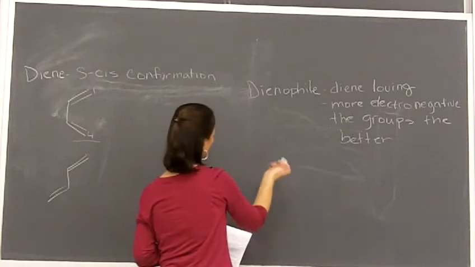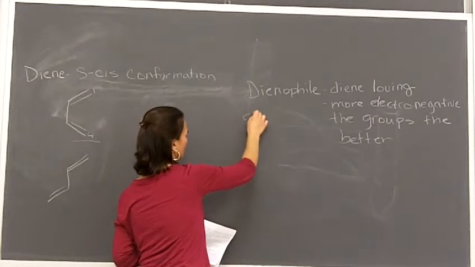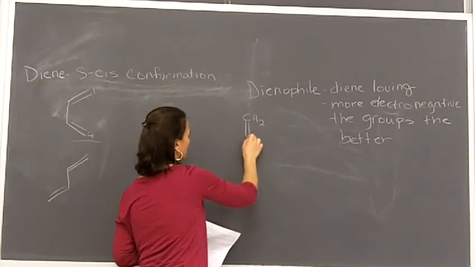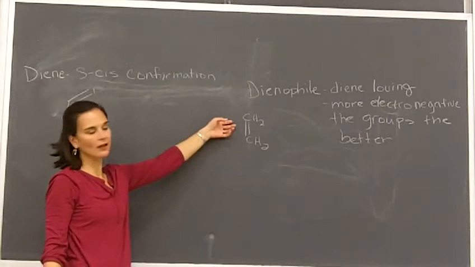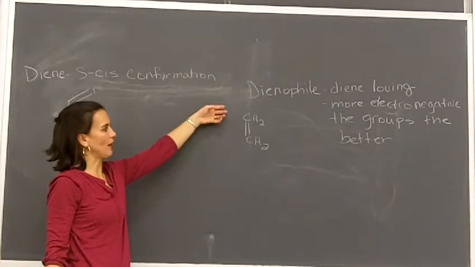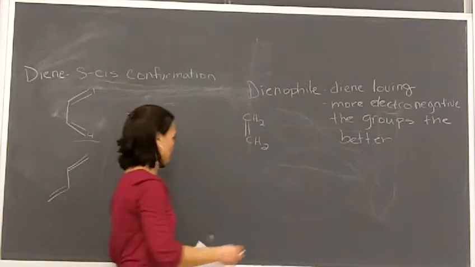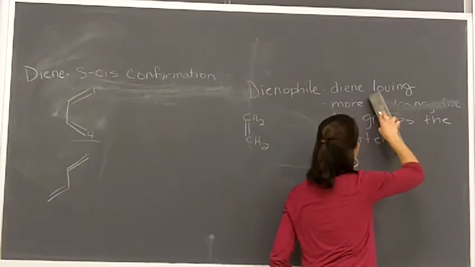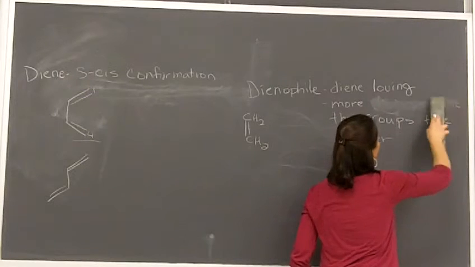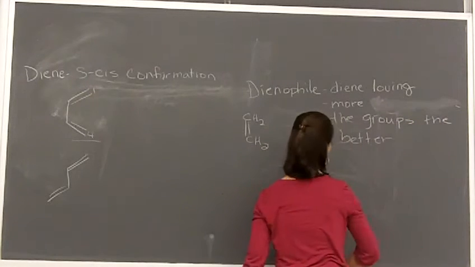So for example, if we just had ethylene, this could be a dienophile. However, it's not very electron withdrawing, okay? So, sorry, instead of electronegative, electron withdrawing. We're going the opposite here.